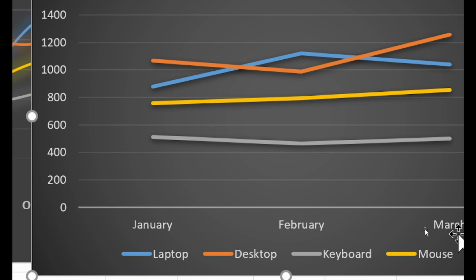So sir, I can say something. If I'm a trader, I would put more money in the desktop, maybe from January, and from February also I have to put more money there.